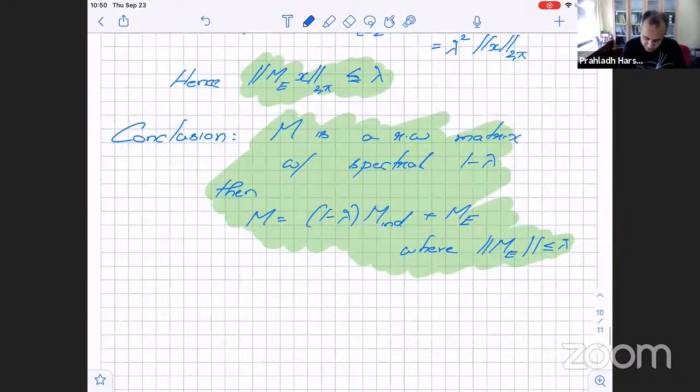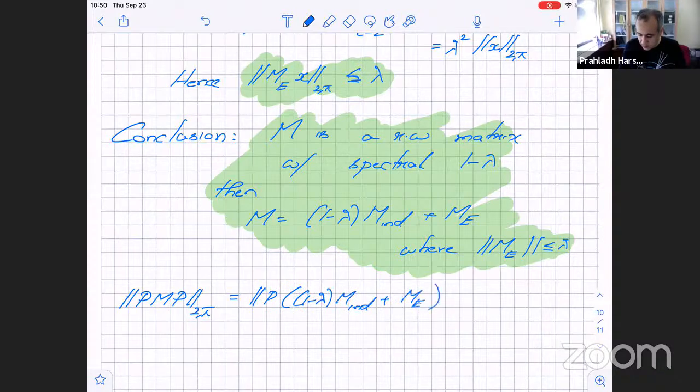We are now finding shape. We needed to calculate this object, PMP 2 pi. We write this as P of 1 minus lambda M ind plus ME, P 2 pi.